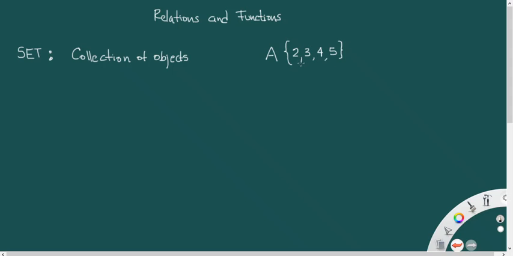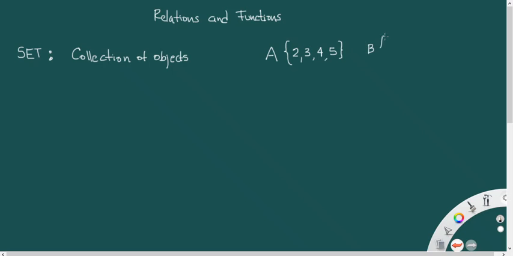You can have a collection of any object: books, a set of notebooks, a set of toys, a set of light bulbs, a set of motors, or whatever you want. But in this particular case, we will be handling numbers. So let's put some numbers on these subjects.